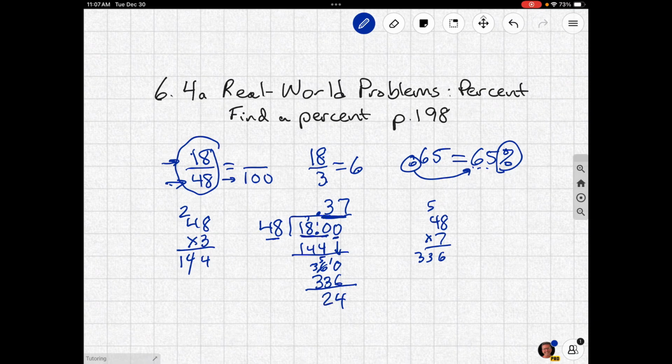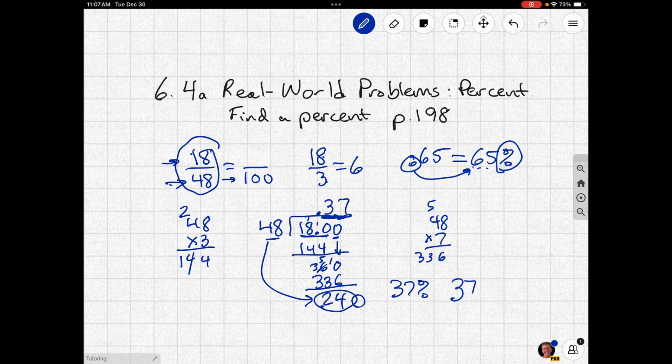Now, the answer is going to be 37%, because that's what this is. But then I have a remainder of 24 out of 48. And what we're looking for here is a fraction rather than a decimal. I could keep going. I could put a 0 in there, and I'd end up dividing 240 by 48. But let's use a fraction in this case.